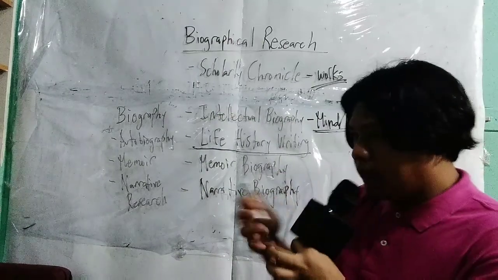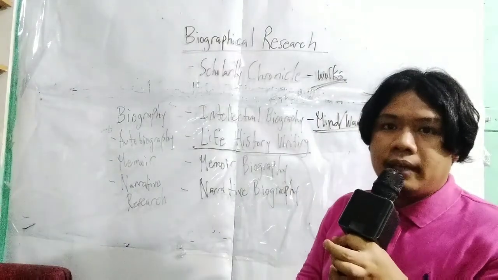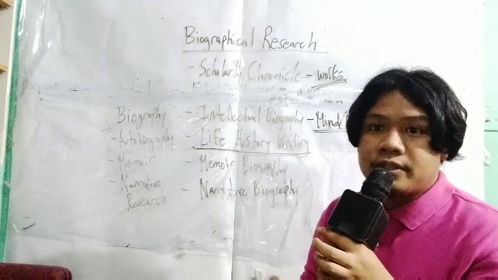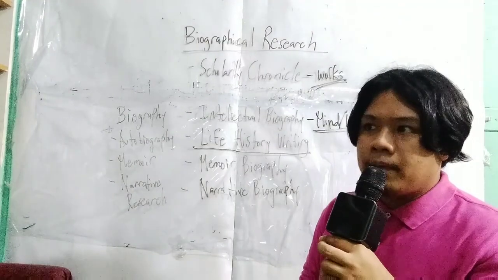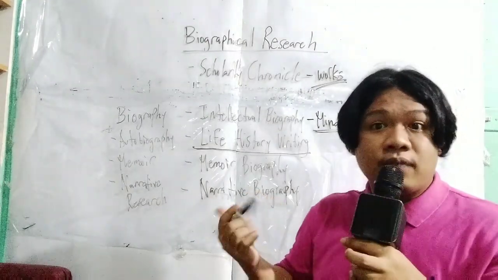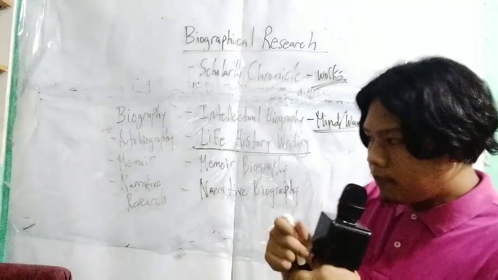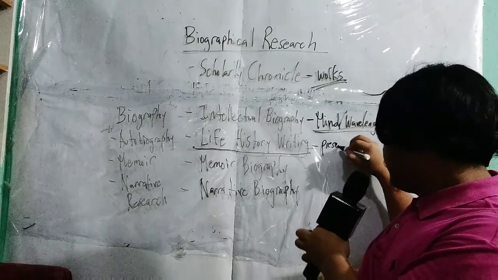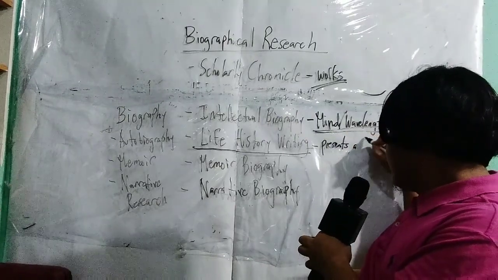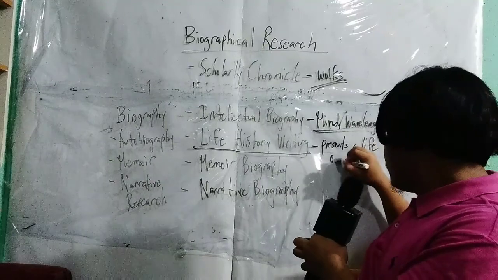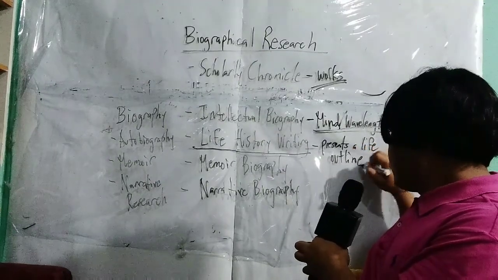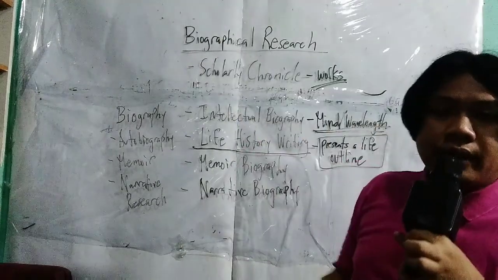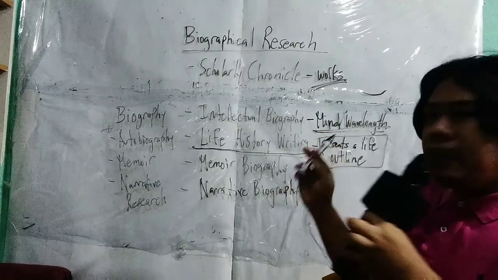In life history writing, this is by far one of the most basic forms of biographical research, because this is the lightest so far. In this respect, life history writing presents a life outline.